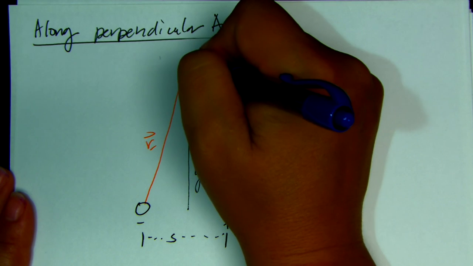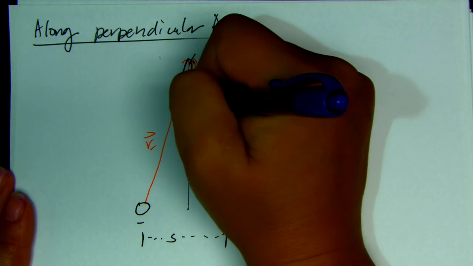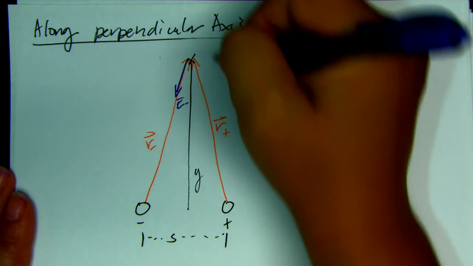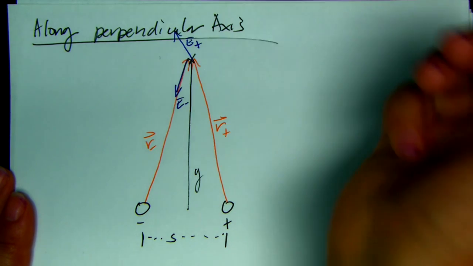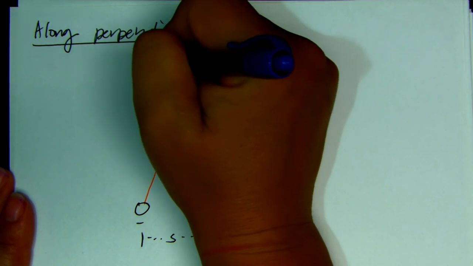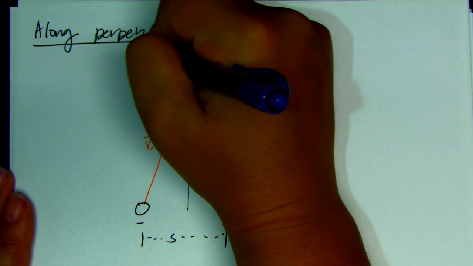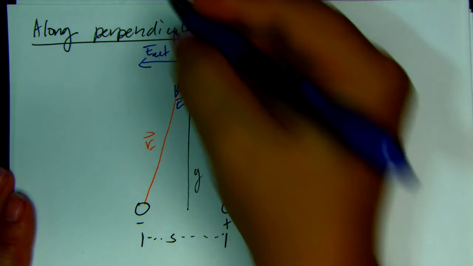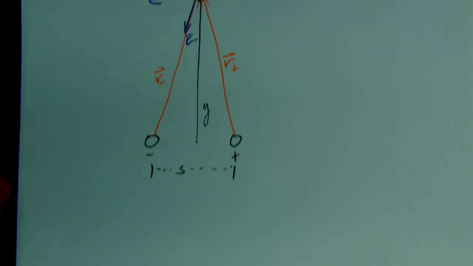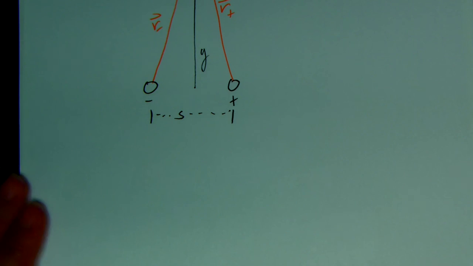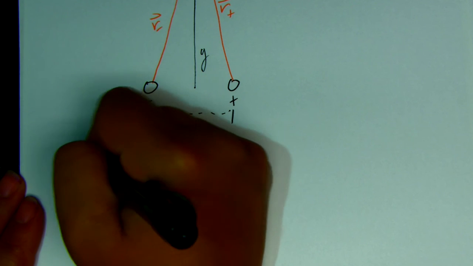So E minus is going to point along this vector towards the charge. E positive would just continue in that direction. If we were to add them together, we can see E net will go along right here. So already, without doing a single calculation, we know several things about what we can expect to find in our results.